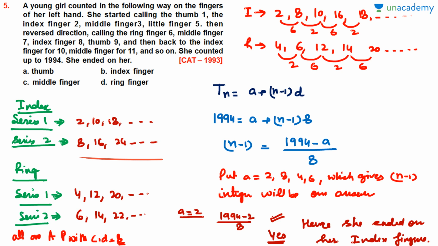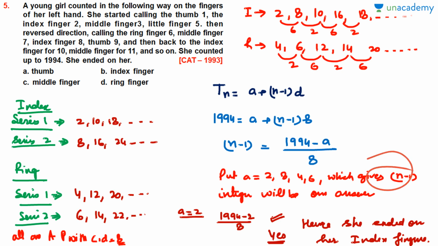So our aim is to find which first term A will give us an integer. One of these A values, when put here, will give an integer value. So now put 2, 8, 4, 6, and whichever gives n minus 1 an integer will be our answer, right?